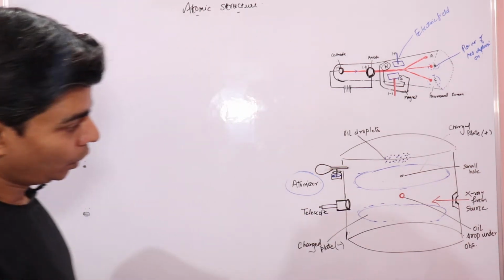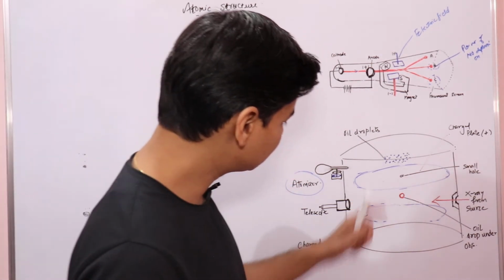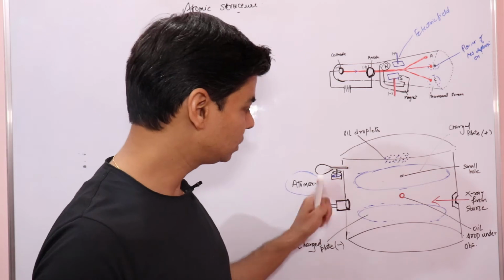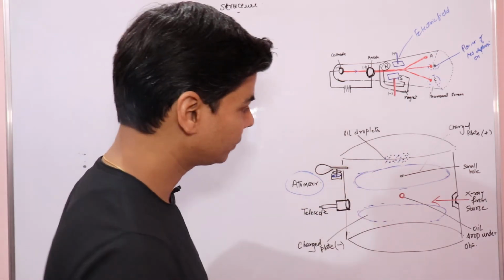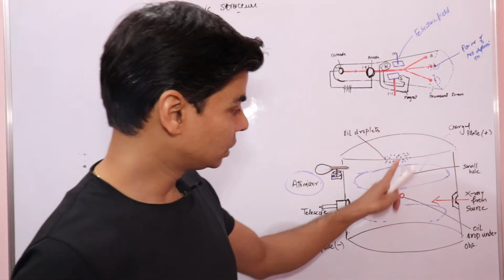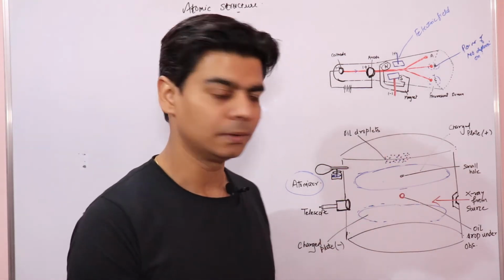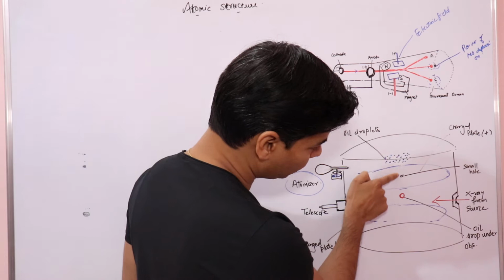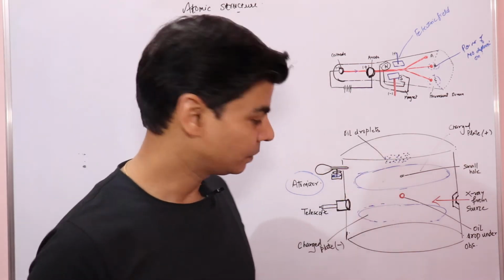Now, using this atomizer we have produced these oil droplets, and here is a small hole in this region. Through this hole, these oil droplets will enter the space between these plates, moving freely under gravity.